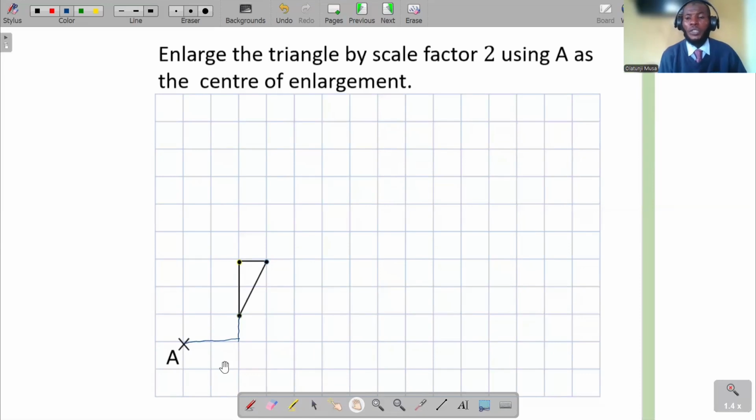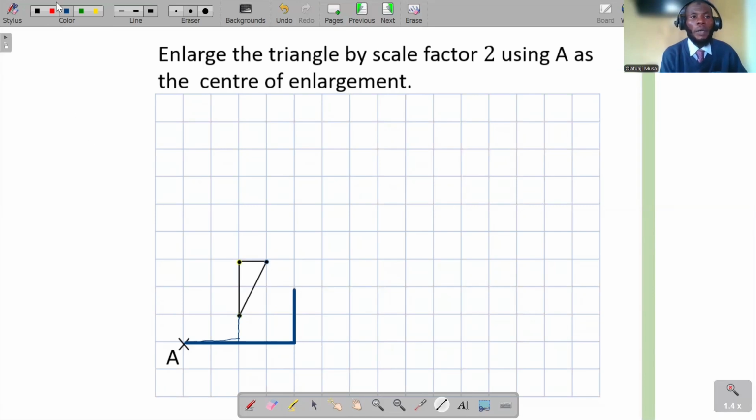So initially it was 2 to the right, 1 up. So here is going to be 2 times 2, that's going to be 4 to the right. And the real object was 1 square up, but now we have scale factor 2. The image now is going to be 1 times 2, which is 2 squares up.